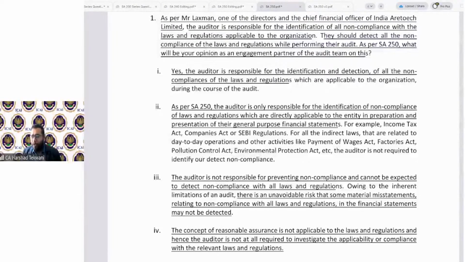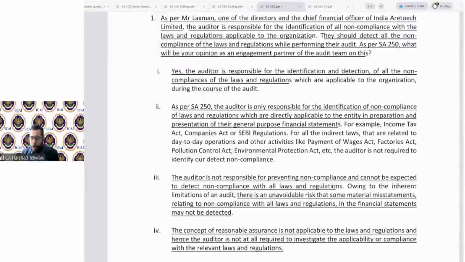As an auditor, my role is to obtain reasonable assurance that the financial statements taken as a whole are free from misstatement, whether caused by fraud or error. When I say fraud and error, that could be misstatement due to non-compliance with the applicable legal and regulatory framework.